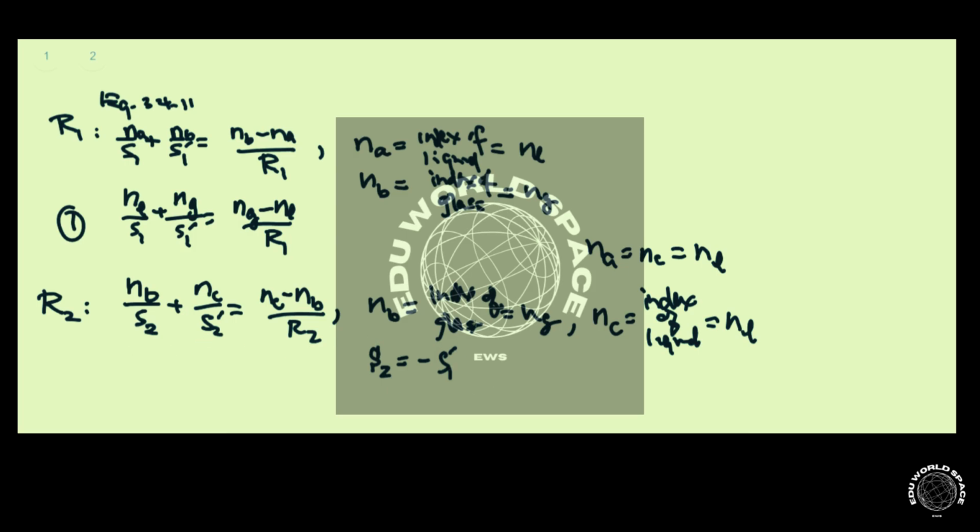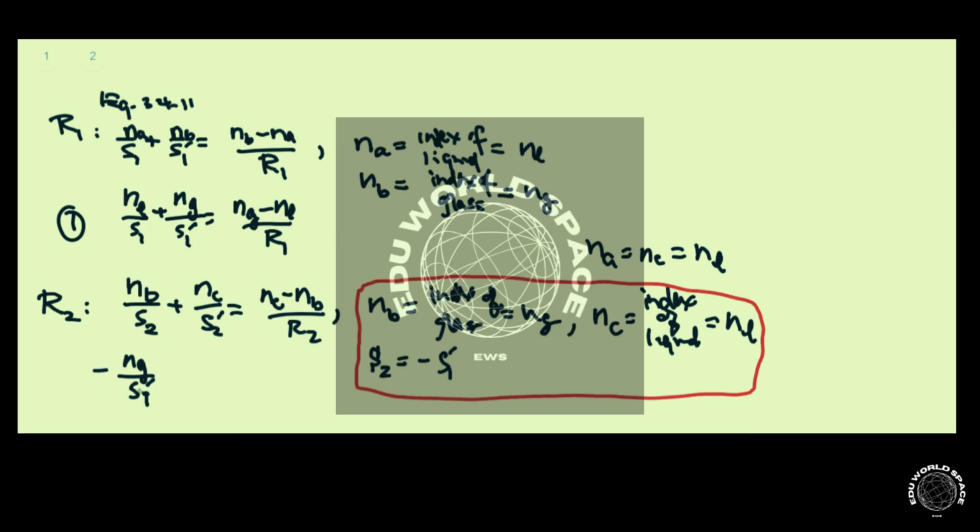So if I substitute everything that I boxed off in the red region into here, then I will have NG over minus S1 prime, because I'm substituting NB, which is NG, and S2 is minus S1 prime, and then plus NC, which is NL, over S2 prime.